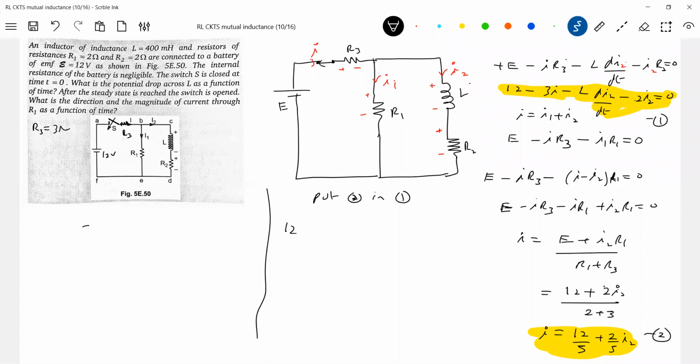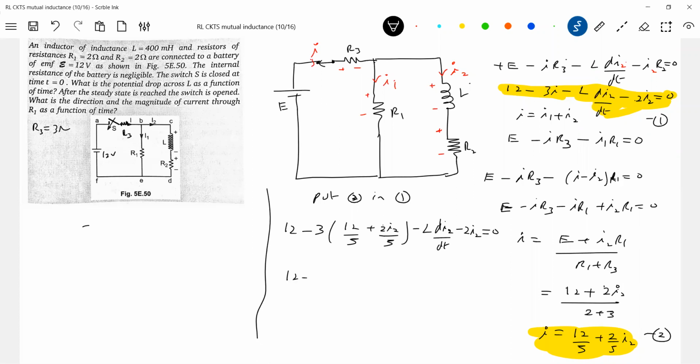So this will be 12 minus 3 times 12 by 5 plus 2I2 by 5, minus L di2 by dt, minus 2I2 equal to 0.